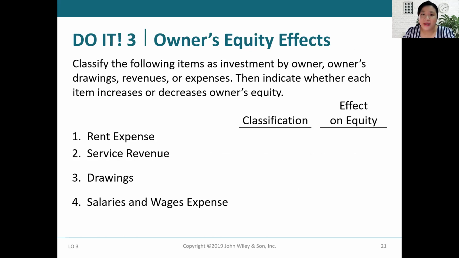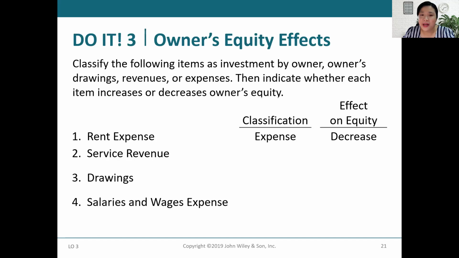Now let's try this one. Classify the following items as investment by owner, owner's drawings, revenues, or expenses, then indicate whether each item increases or decreases the owner's equity. So we have rent expense. What is that? Rent expense is an expense, and it will decrease the owner equity. What about service revenue? Remember revenue? It should be a revenue here.